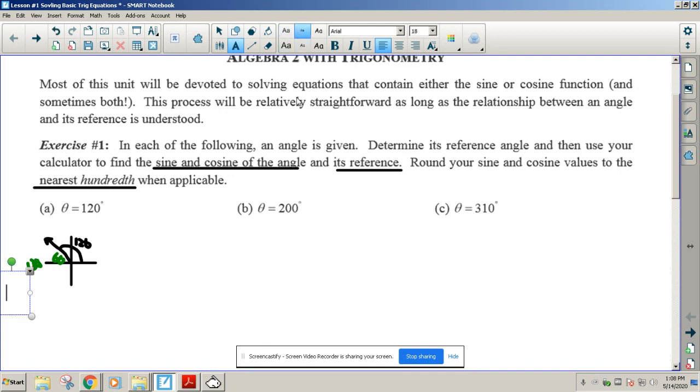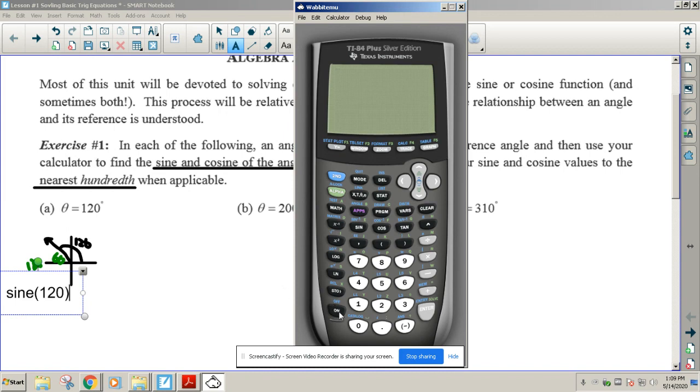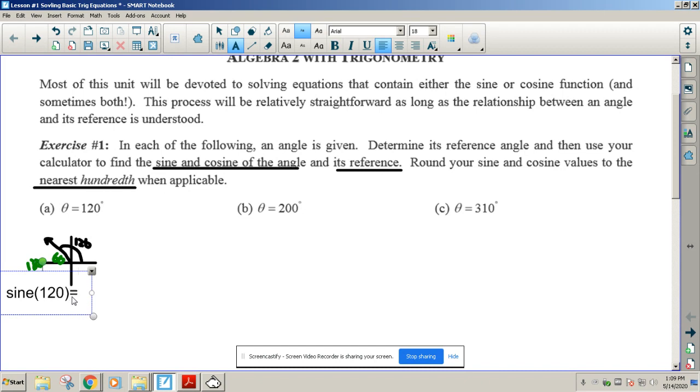All right. So if I found the sine of 120 degrees using my calculator, I can simply type in sine of 120 degrees. And if I round this to the nearest hundredth, like they say, I have 0.87. So this equals 0.87.